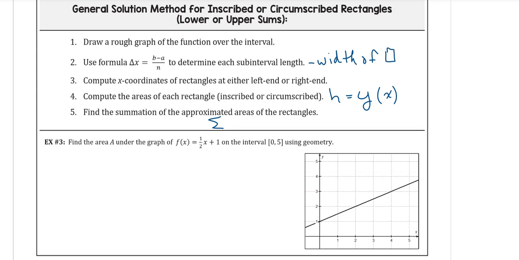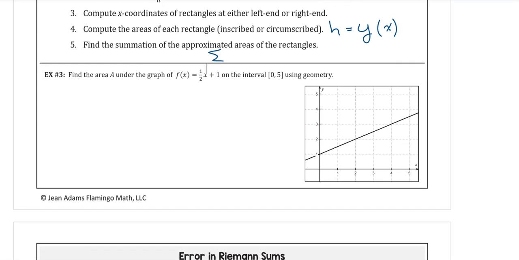Example 3 says, find the area A under the graph of 1/2 x plus 1 on the interval from 0 to 5 using geometry. Here's what you can do if it's a nice shape that you can use. What I see here is that I have a trapezoid.